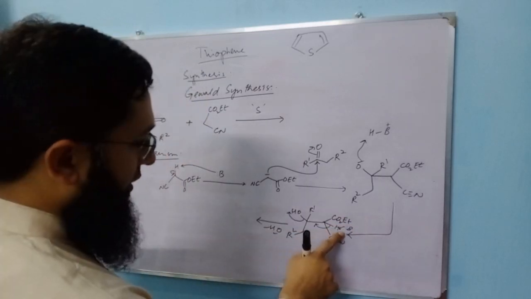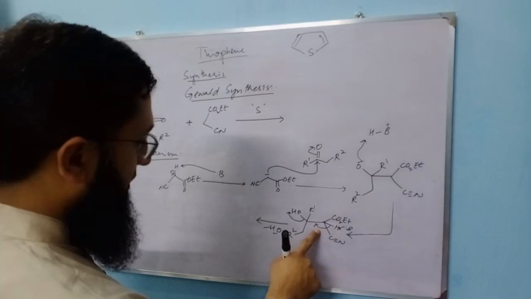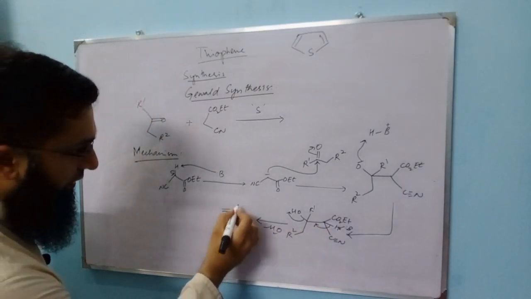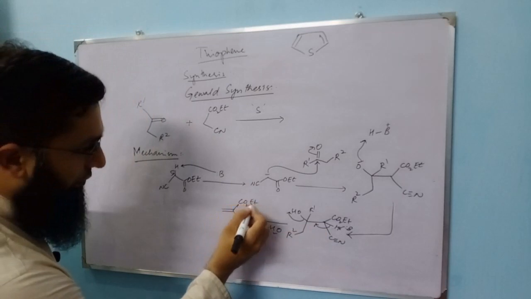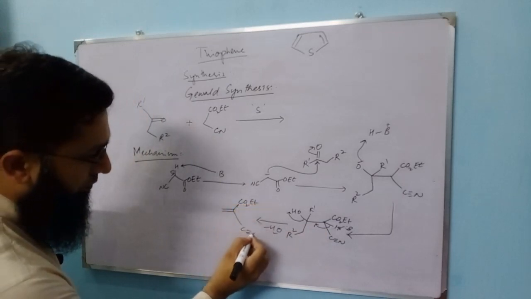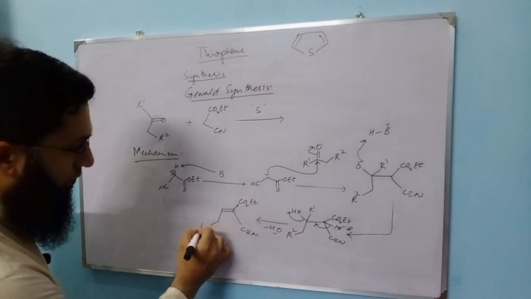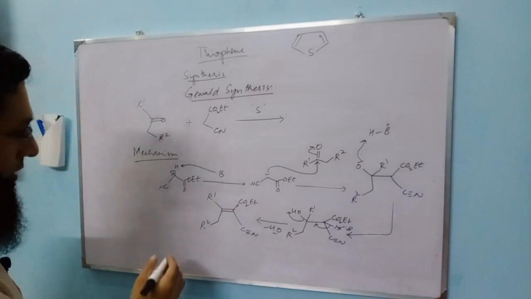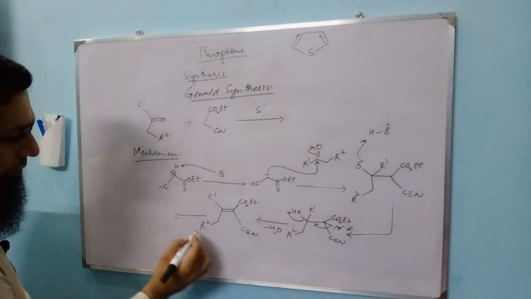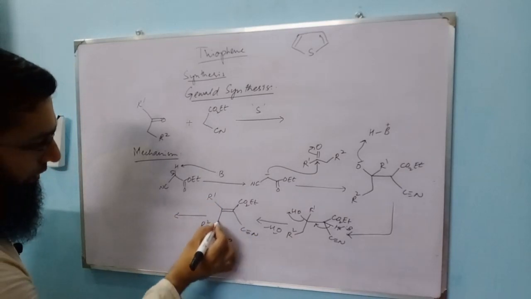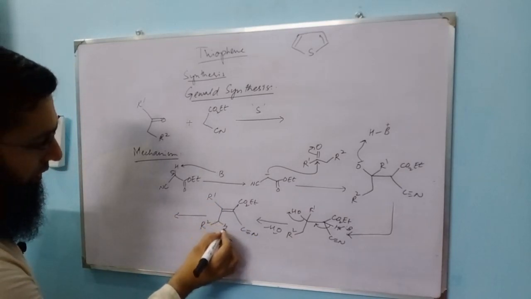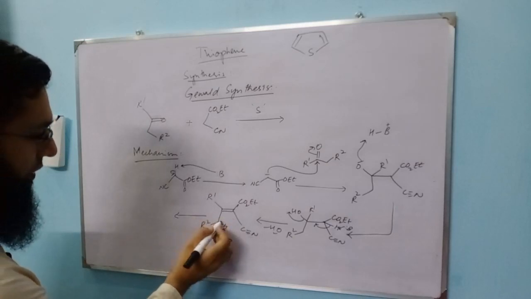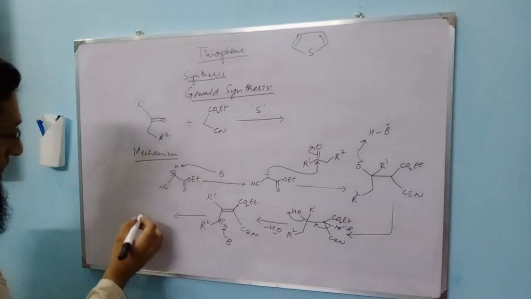Base will take the proton from here, and as a result a water molecule would be eliminated, and we will get this compound. And again, since base is present in the system, this proton can be abstracted, and we will get the corresponding carbanion.